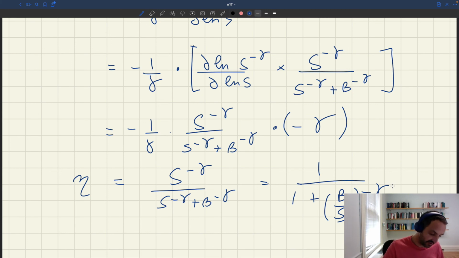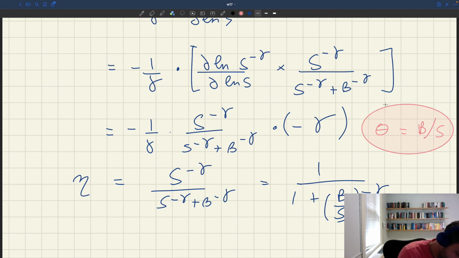But then you remember that B over S, that's just the market tightness, the ratio of buyers over sellers. That's just our market tightness. And so now what we can see is actually the matching elasticity with the CES matching function is itself a function of the market tightness.